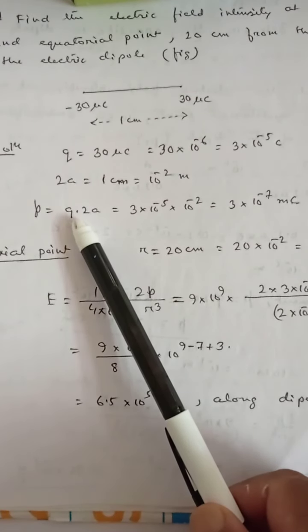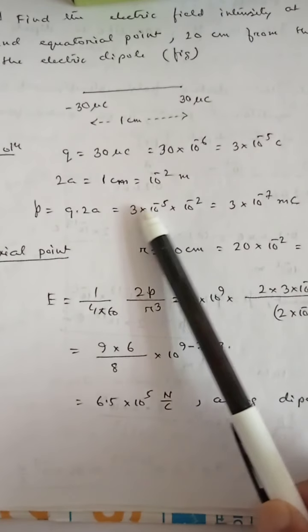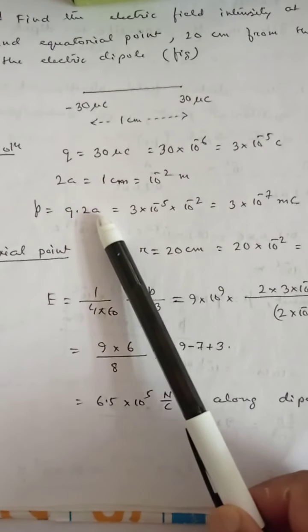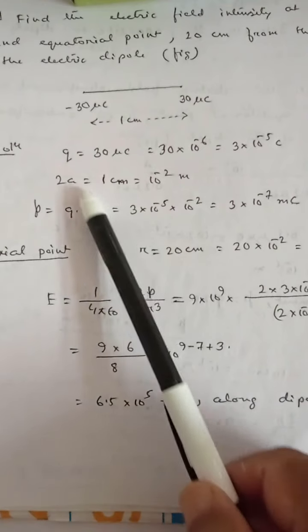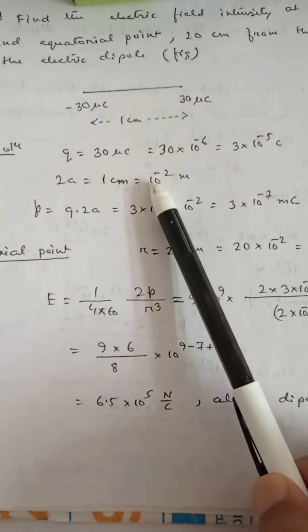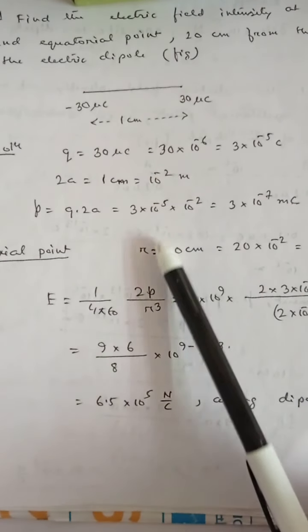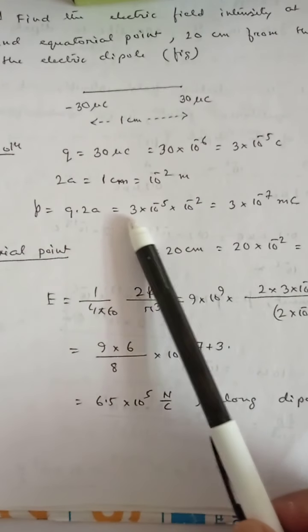What is the magnitude of charge? 3 into 10 to the power minus 5 coulomb. What is separation between two charges? 10 to the power minus 2 meter. So what is the dipole moment therefore?